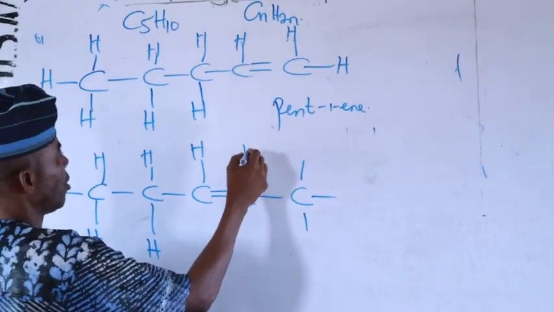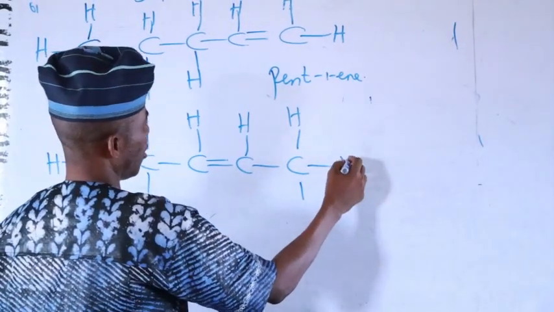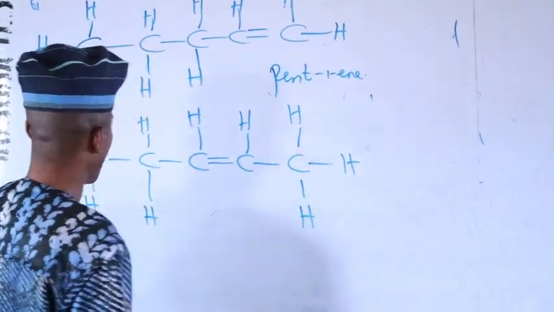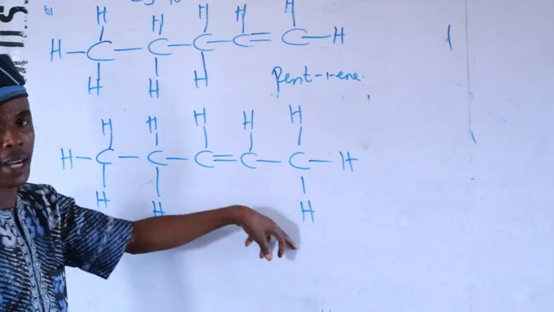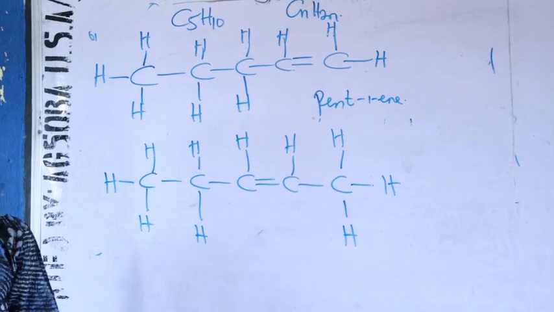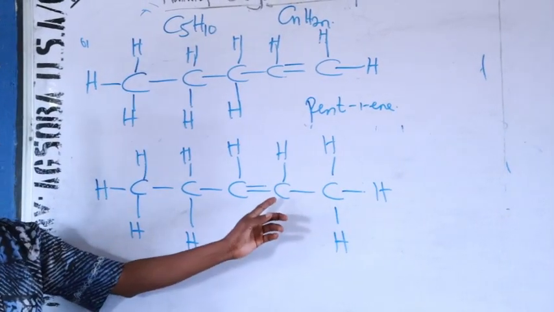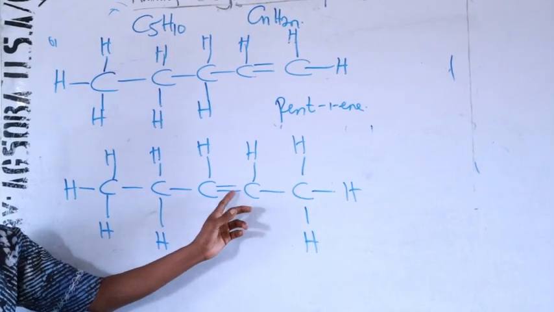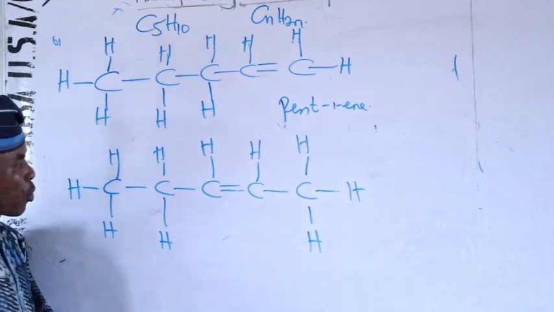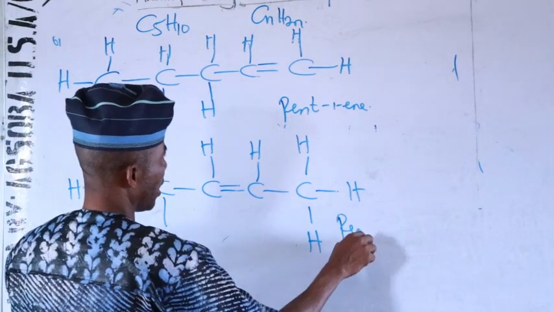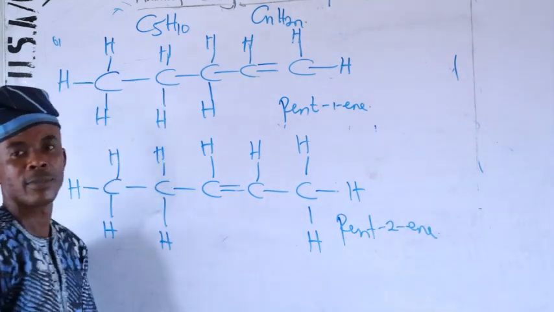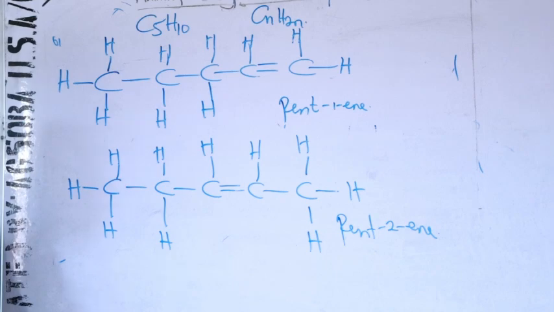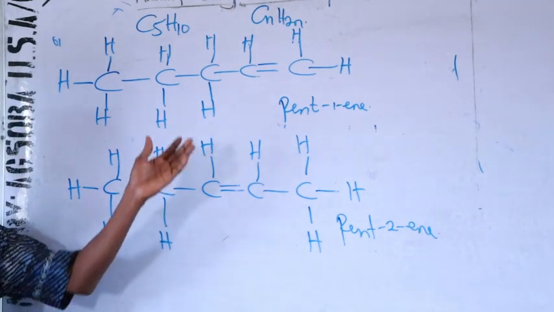You count the hydrogen 1, 2, 3, 4, 5, 6, 7, 8, 9, 10. But in this case now, the double bond is now attached to carbon number 2. So we call it what? Pent-2-ene. That means pent-1-ene and pent-2-ene are isomers of pentane.